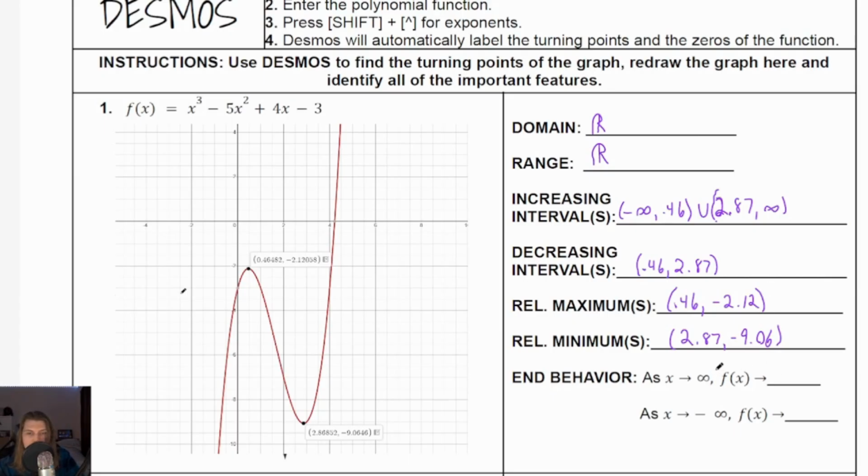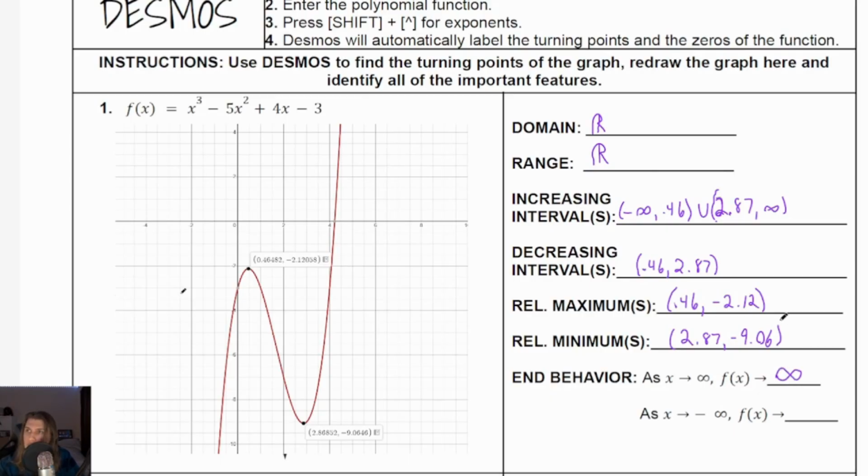And then as x approaches infinity, so as x goes to the right forever and ever, we want to know what our y value is going to be. So as x moves to the right, y goes up and continues increasing, which means as x goes to infinity, our f of x, which is y, also goes to infinity.